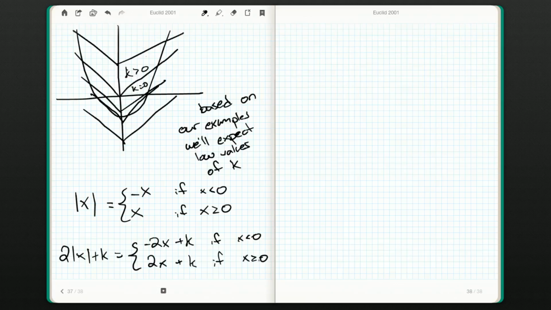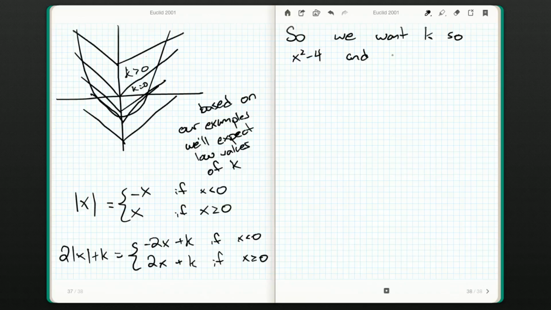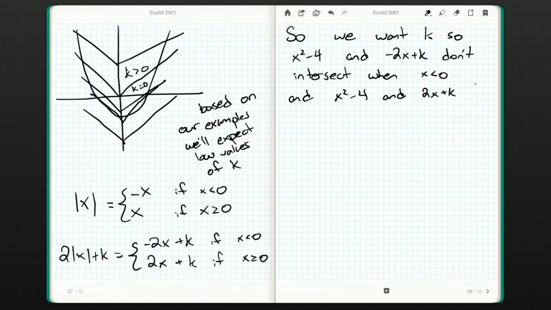Okay. So what we're going to ask is that each of these lines here not intersect our parabola on their given ranges. Now, I'm going to make a simplification here.